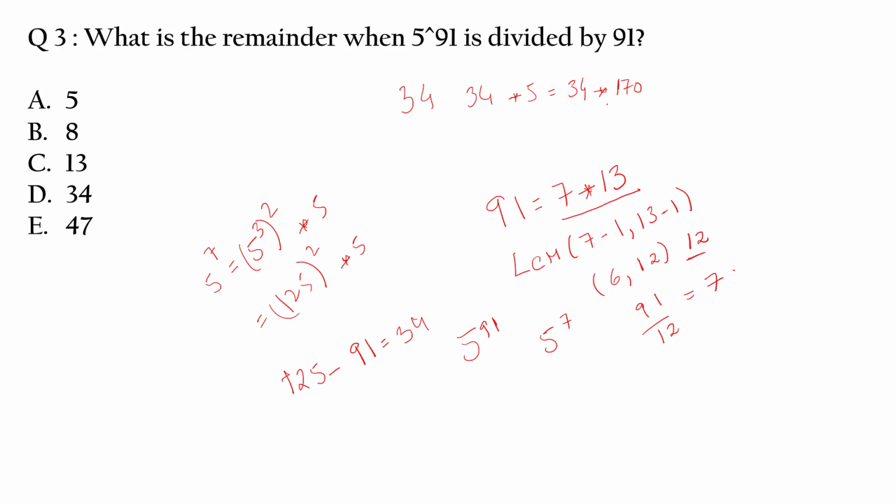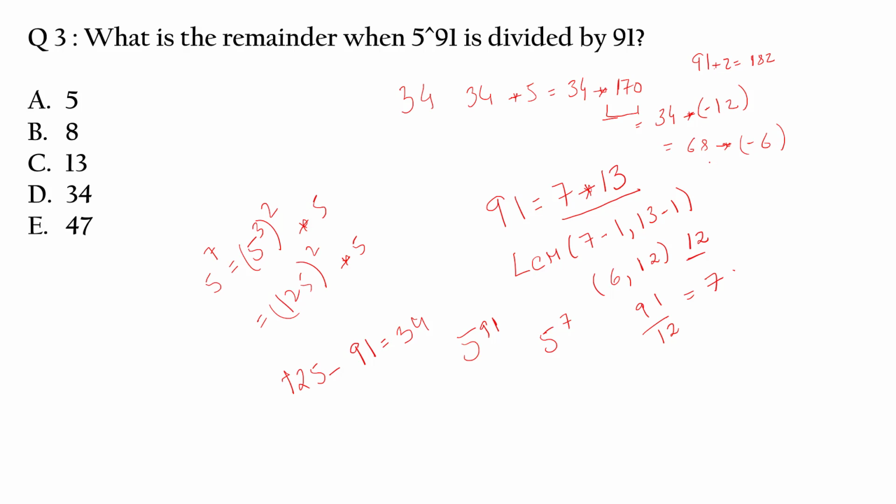And 170, if you divide by 91, will leave a remainder of minus 12. Why? Because 91 into 2 is equal to 182. So basically this is equal to 34 into minus 12. Now if you take 12 as 2 into 6, you get 68 into minus 6.